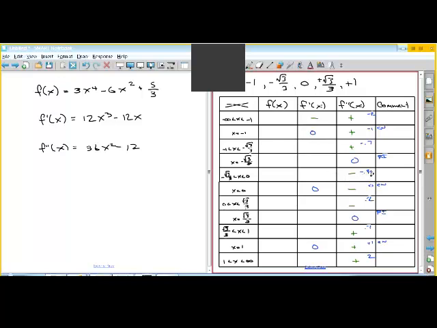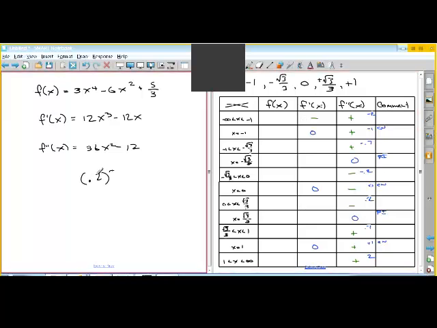Okay, now here I'll put in -0.2. So what you can see is that anytime you have a fraction, so let's say 0.2 cubed is always going to be less than 0.2 in this case. And they're both multiplied by 12. So it's going to be negative. So this is going to be a smaller negative number than this is going to be positive.